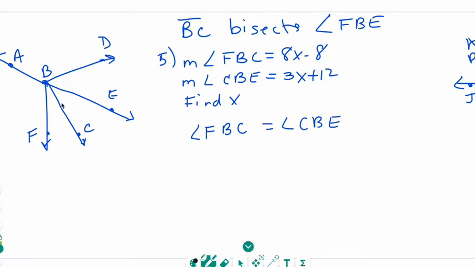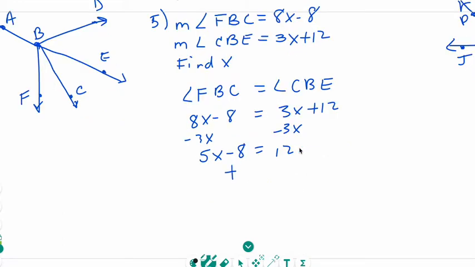So now we're going to do substitution. 8x minus 8 is equal to 3x plus 12. Is the largest variable on the left? It is. Are all the variables on the left? They're not. So we're going to zero pair the 3x. It's going to give us 5x minus 8 is equal to 12.